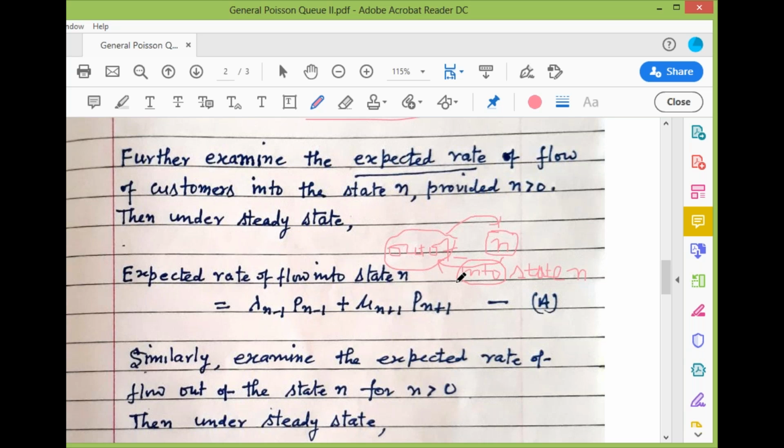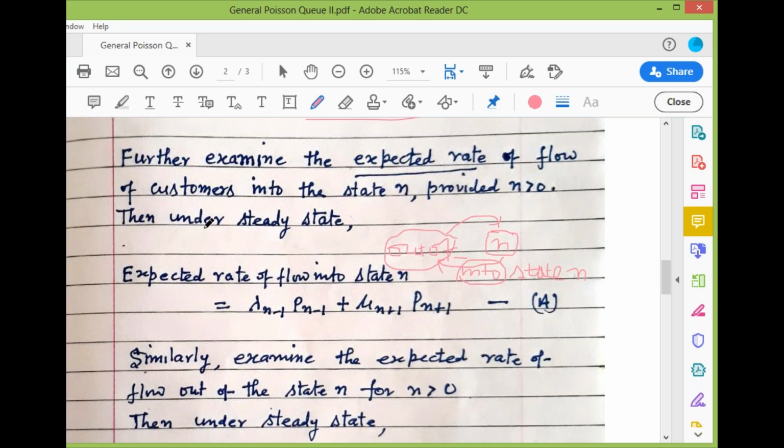You remember these for the mathematics. For computing these rates, we are going to compute the expected rate. Expected means here, since arrival is random, we cannot talk about the average. In place of average, we talk about the expected rate of flow of customers.